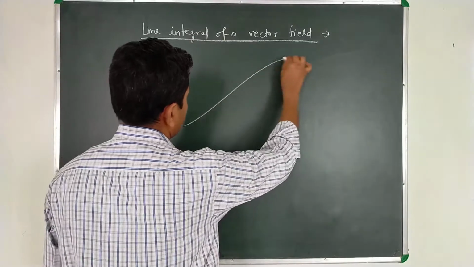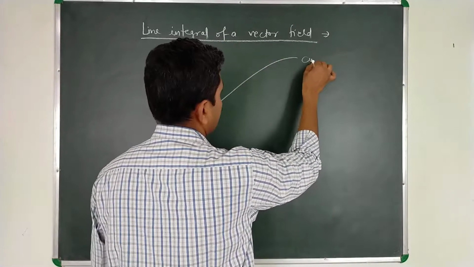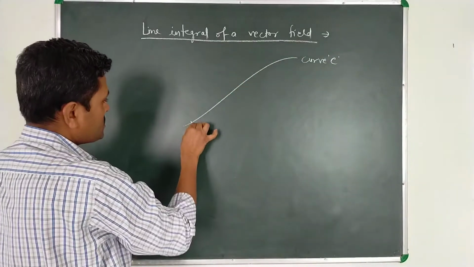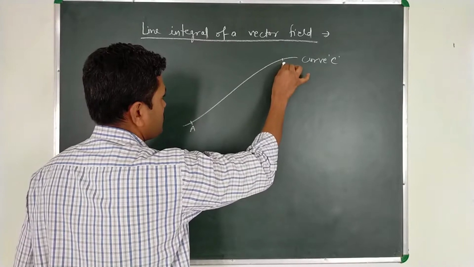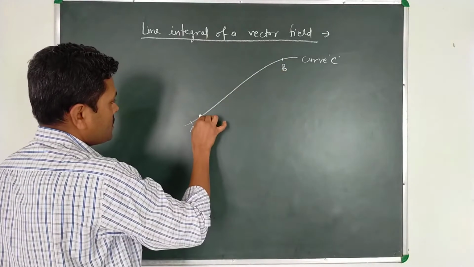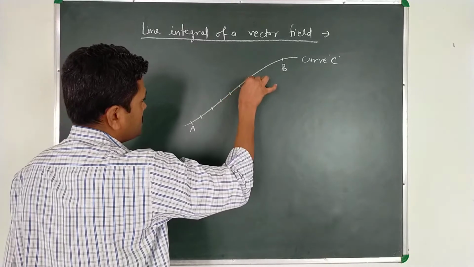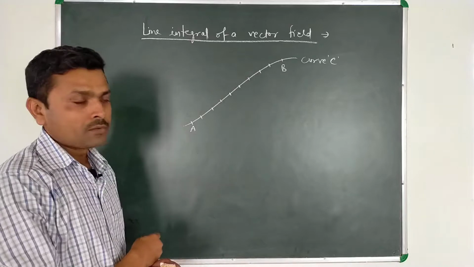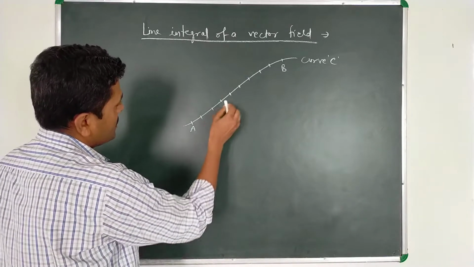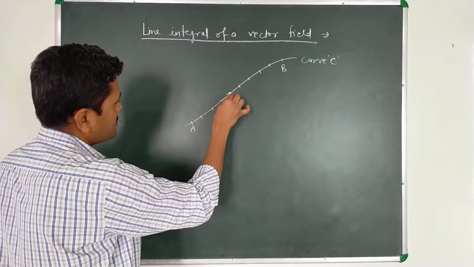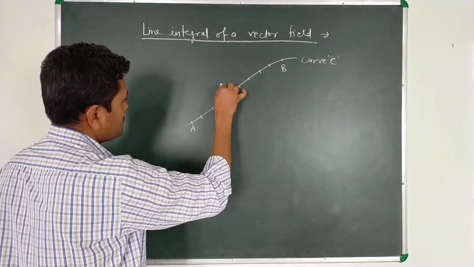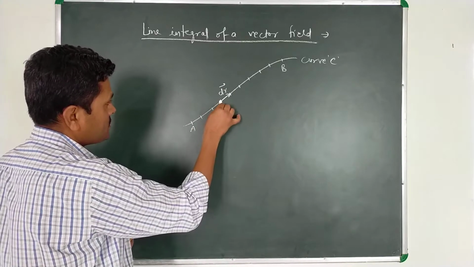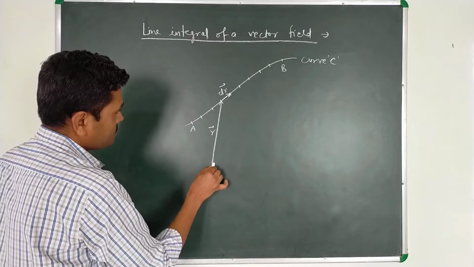Suppose this is a curve C, and on this curve we have 2 points. This is point A and this is point B. Now if we divide the curve in between A and B into a very large number of segments, and say any of these segments is vector dr, and the position vector of this point is say vector r.